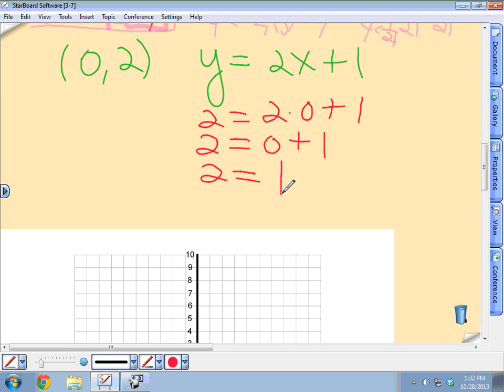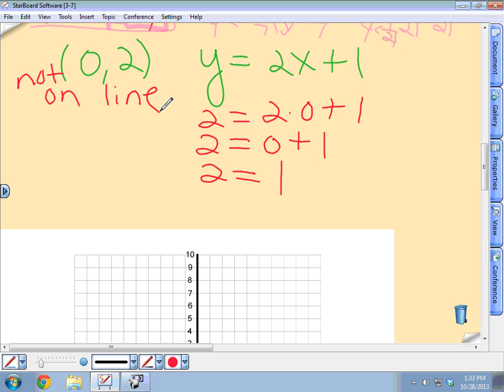So if you come up with something that's not a true statement, you know it does not lie on the line, because all of the solutions on this line would be satisfied. And that's what you had to do on number 1 of that last test. They gave you a line and said, pick one of these ordered pairs that will lie on that line. So it's not there. So where is it?